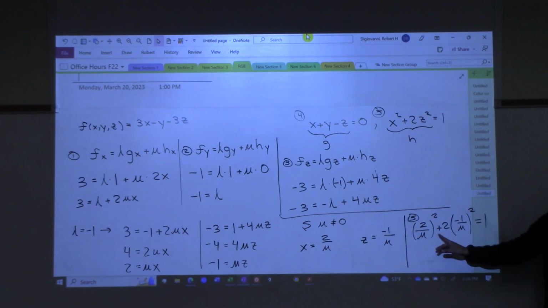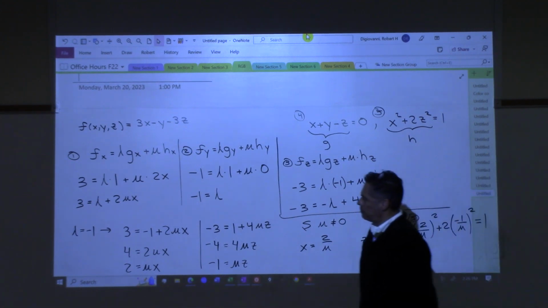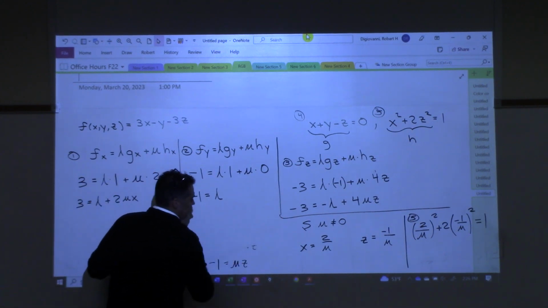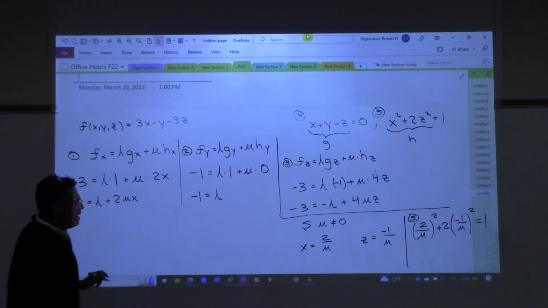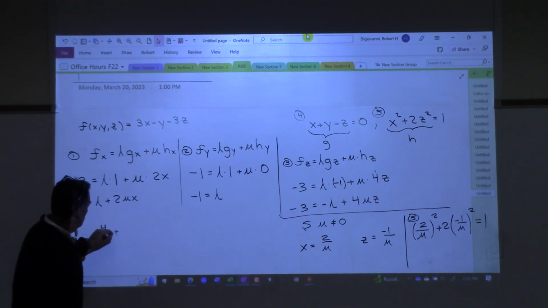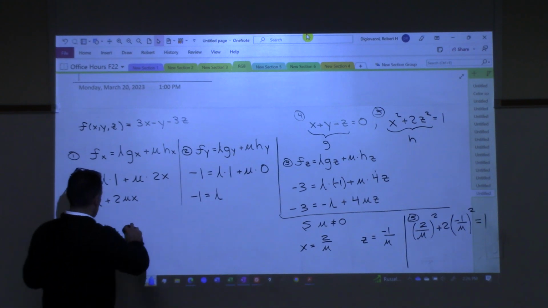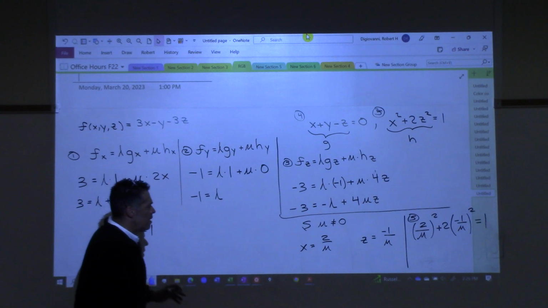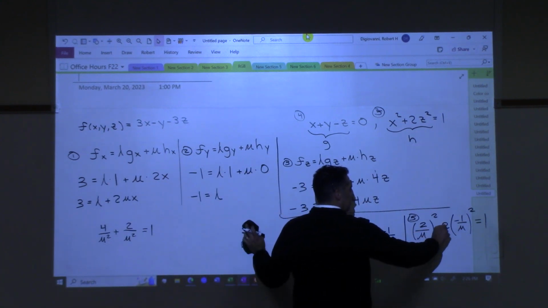That's just me replacing the x and the z. Square everything, so 4 over mu squared plus 2 over mu squared equals 1. So I squared the top and bottom here, but then I distributed the 2 through.